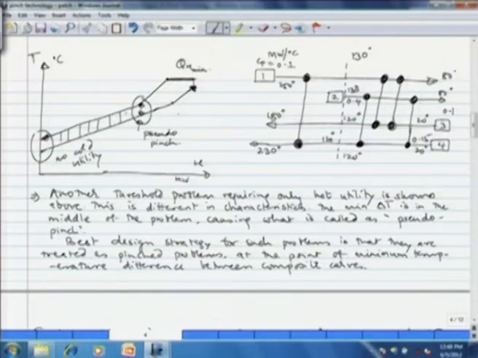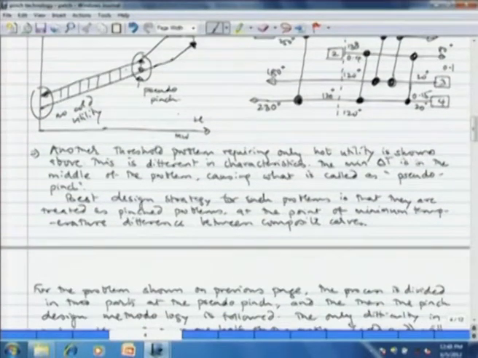Where the temperature difference becomes minimum, it need not be delta T min, it may be higher than delta T min, but along all the enthalpy track the temperature difference becomes minimum at this particular point. What we call this point is pseudo pinch.